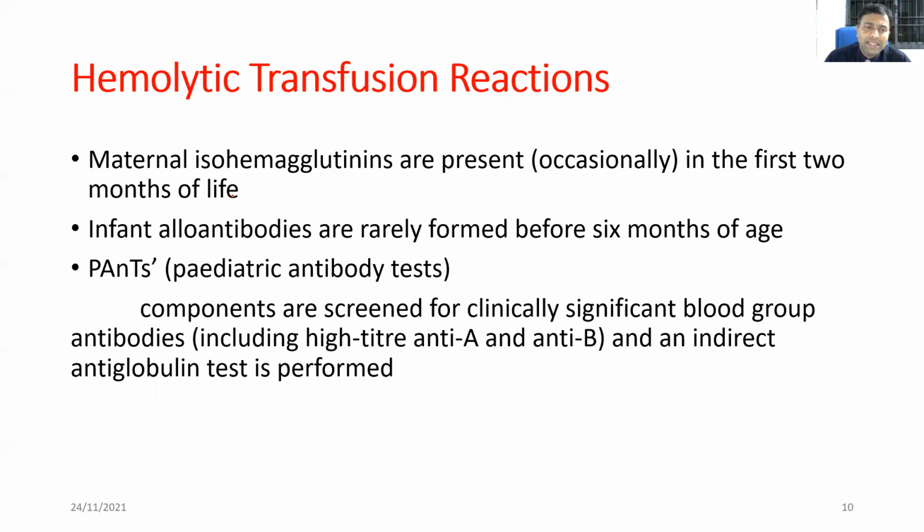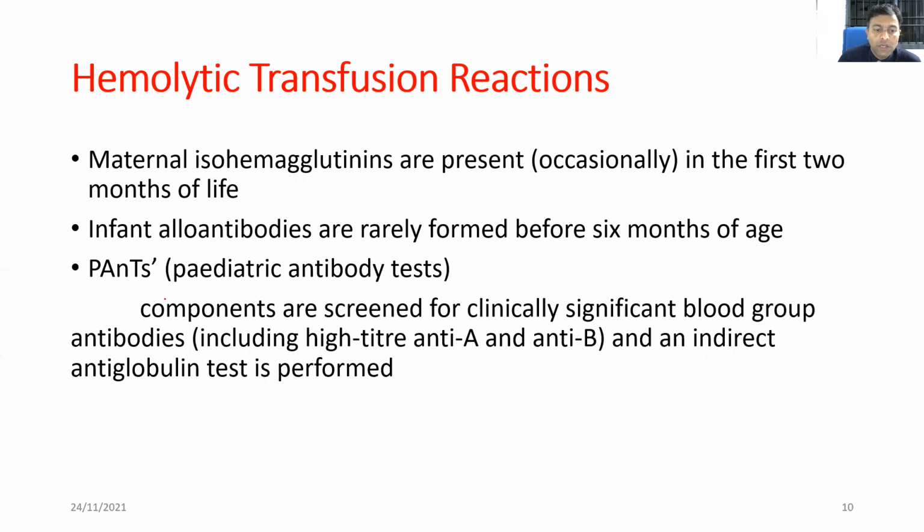It's supposed to be less of a common problem in neonates or infants. The reason is that maternal isohemagglutinins are present only occasionally in the first 2 months of life, and infant alloantibodies are rarely formed before 6 months of age. So these two could be the reasons why we don't see much of hemolytic or immune-mediated reactions.